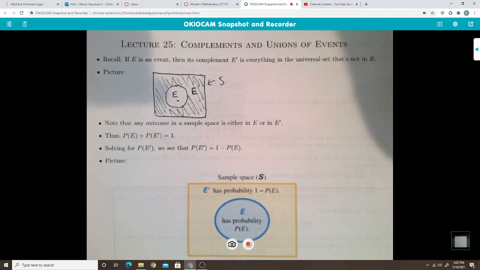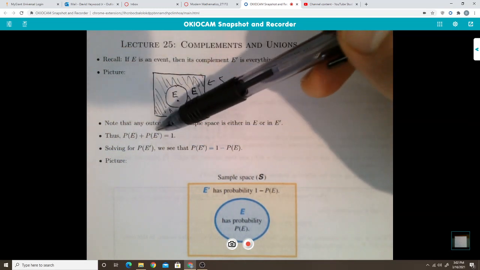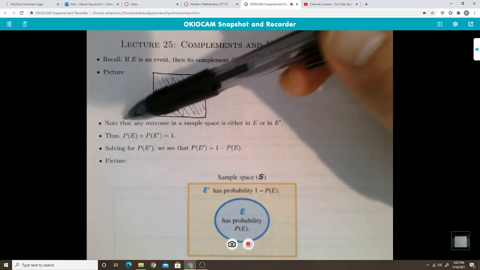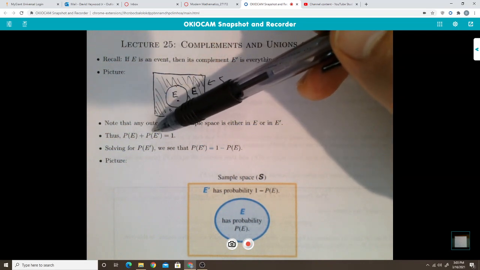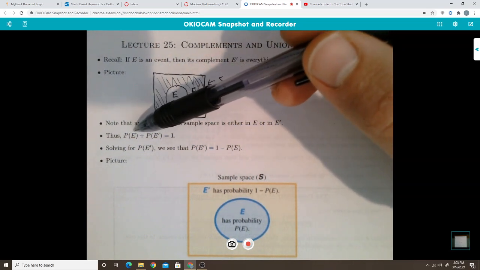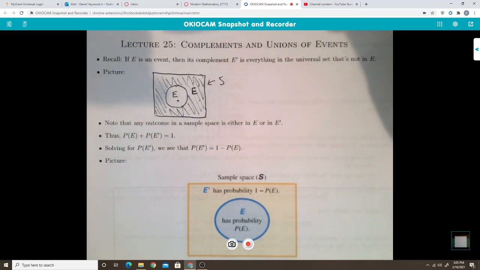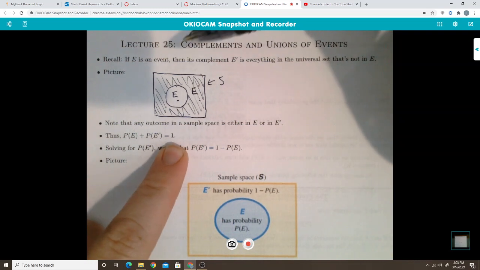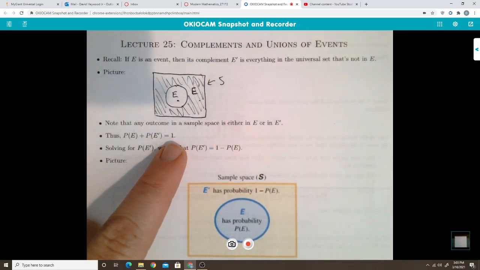And so what that means is that if you look at the probability that E occurs, and then you look at the probability that E complement occurs, well, if E does not occur, then E complement does occur. And if E complement does not occur, then E does occur, right? So if you add the probability of E to the probability of E complement, you should get 1, right? It's 100%. You're 100% certain that either E will happen or it won't happen, right?